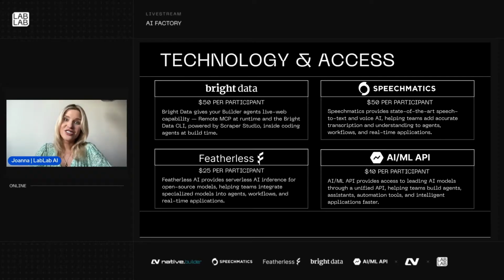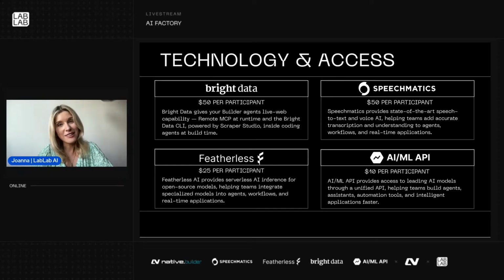And how to actually get the credits? First of all, you need to participate in the hackathon. So go ahead to lablab.ai, choose the AI Factory Hackathon, enroll to the hackathon. So basically click sign up and you'll get approved if you follow all the steps correctly.